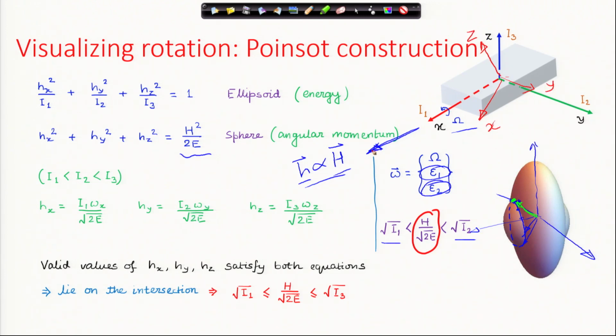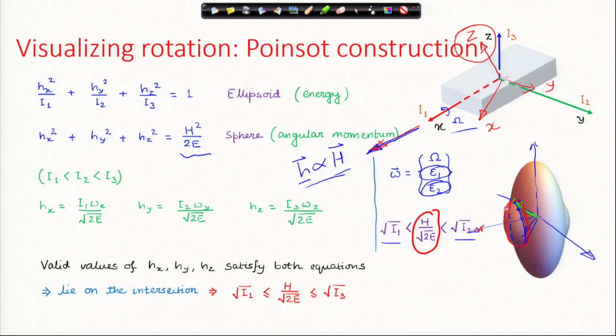The frame is oriented so that this has a projection in this direction. Only then this can happen. In other words, the body, the frame must reorient itself.